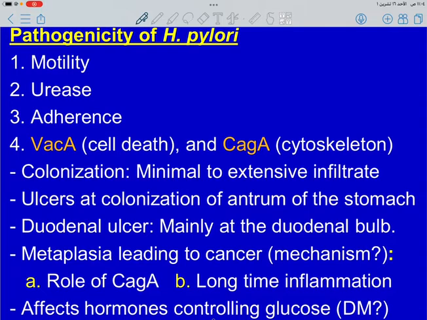Number 3, adherence. It can adhere to body tissues like the stomach or the duodenum. Keep this as a rule in microbiology: any microorganism that cannot adhere cannot cause disease. Attachment comes first, then the disease. Without attachment, nothing.